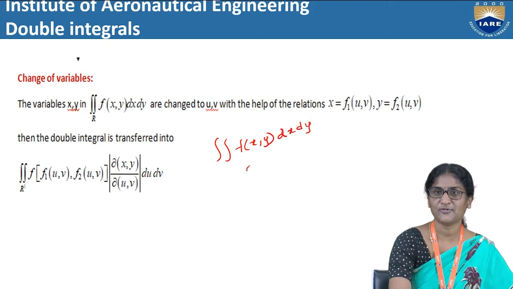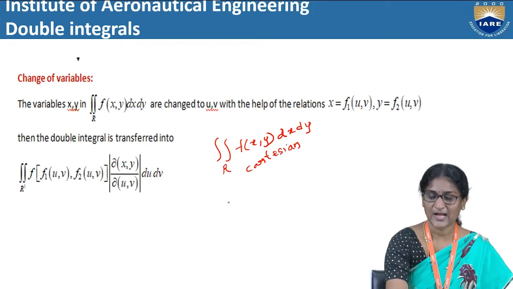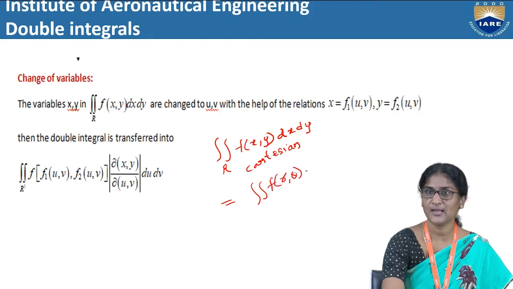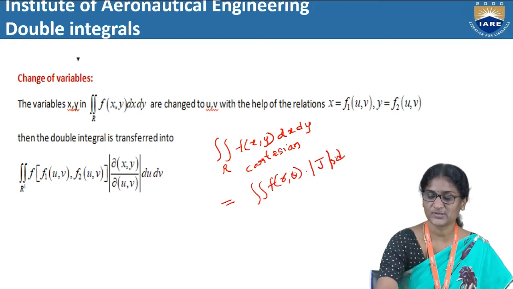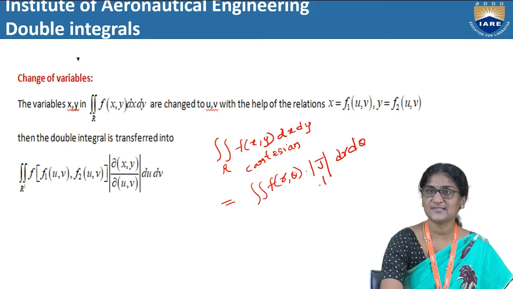This is in Cartesian form, and I want to do the problem by converting it to polar form over the region R. Then I have to convert it to f of r comma theta into the J value into dr d theta. Here r is nothing but the J value, which I am going to get. I'll tell you how we get that J value. And this J is nothing but the Jacobian value.